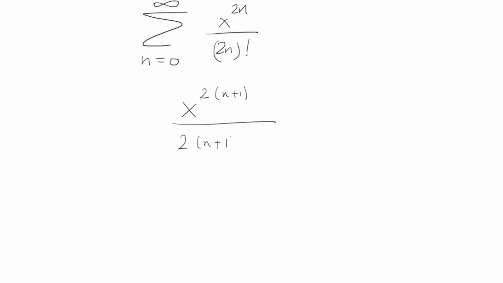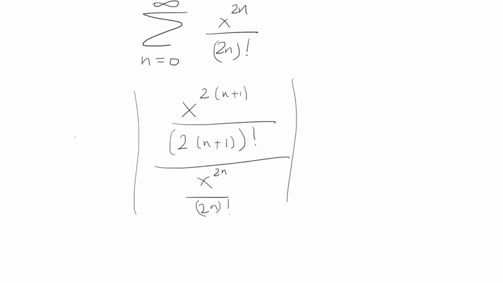So you have to be very careful, especially for the factorial, because that all happens inside before you take the factorial. And we're going to divide that by the original. And we want this limit as n approaches infinity to be less than 1 in order for it to converge.